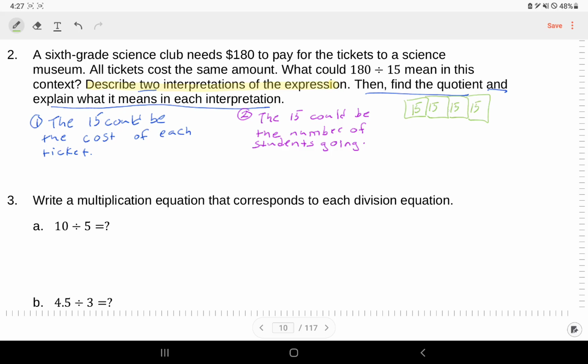So that's 30, 45, 60, 75, 90, 105, 120, 135, 150, 165, and 180.